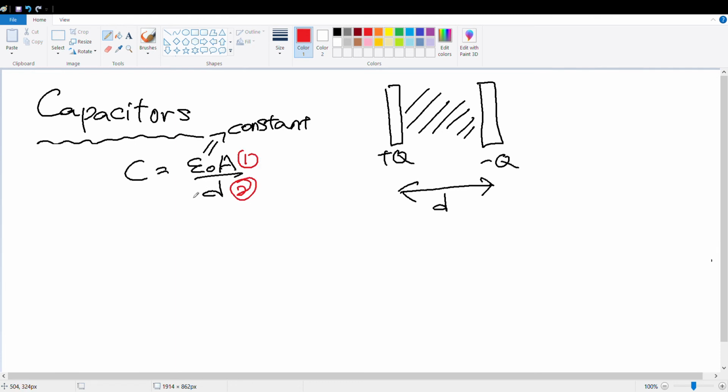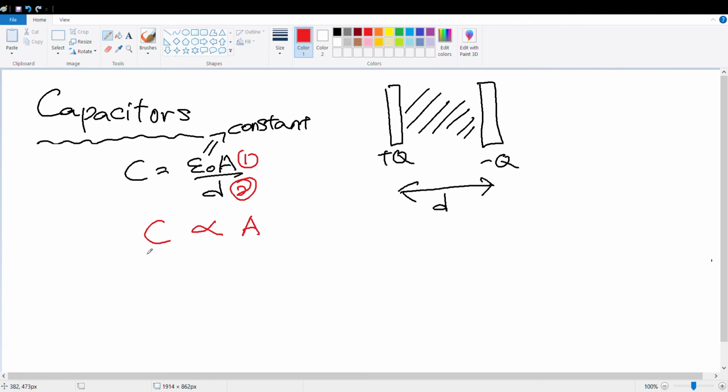So there are two variables that will affect the capacitance of the capacitor. For the first one, which is the surface area, we can see that the capacitance of the capacitor is directly proportional to the surface area of each plate.